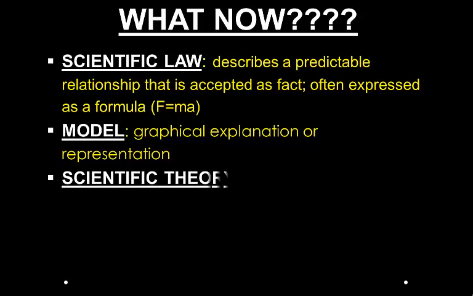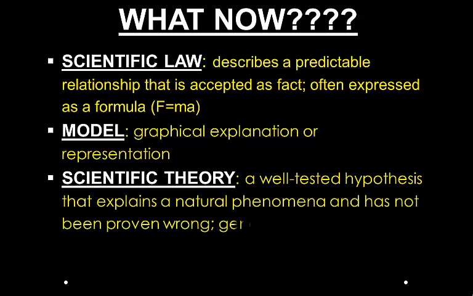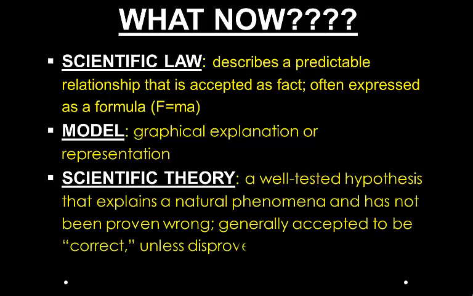A scientific theory is a well-tested hypothesis that explains a body of known facts or phenomena. Theories can never be proven, but they are considered successful if they can predict the results of many new experiments.